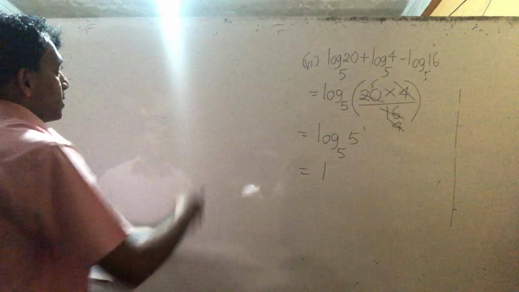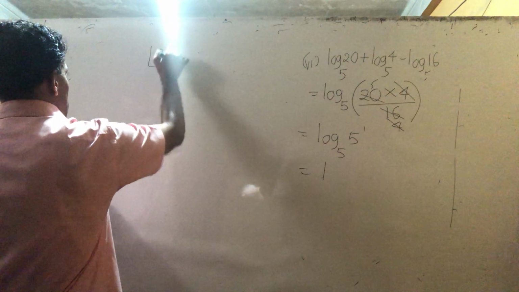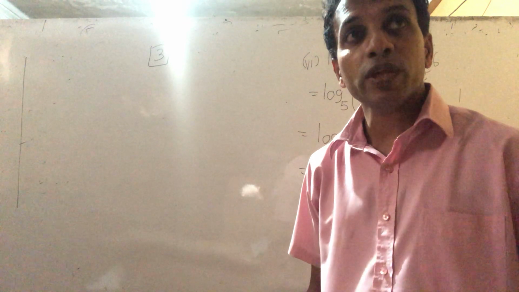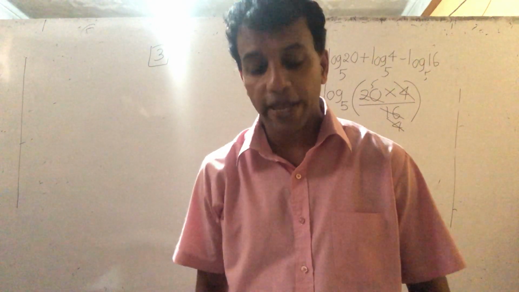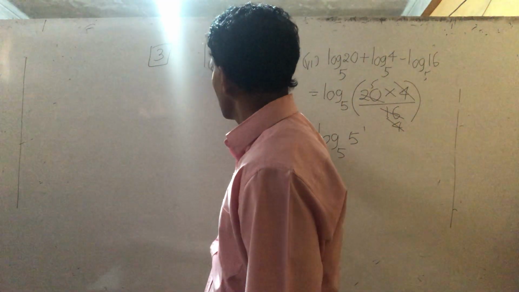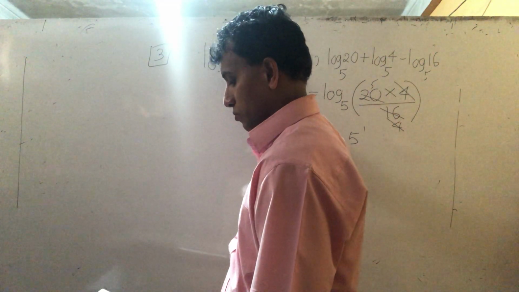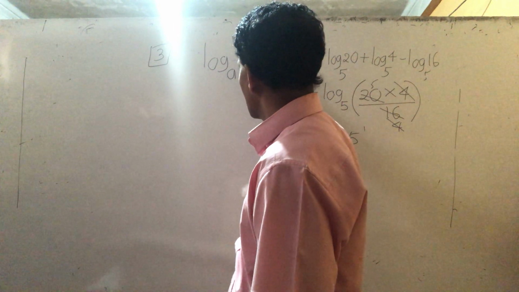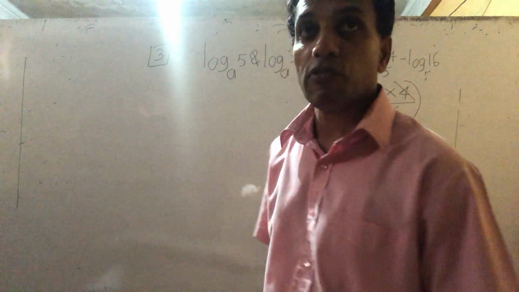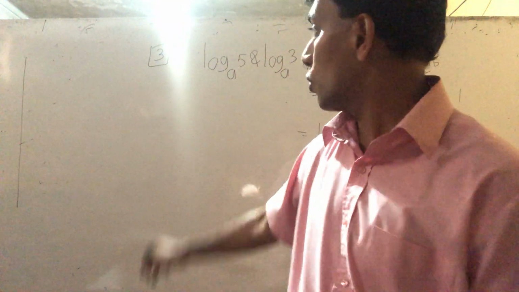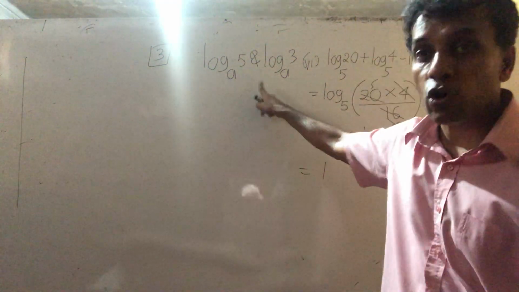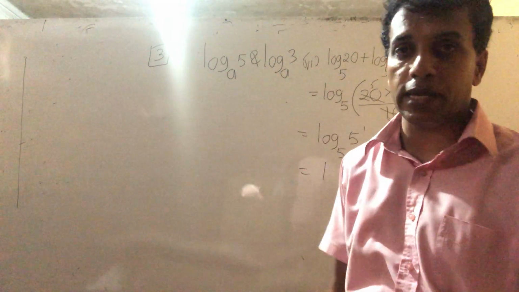Okay, we'll see the next type, type 3. Type 3 problem: write the following expressions in terms of logarithm 5 to the base a and logarithm 3 to the base a.